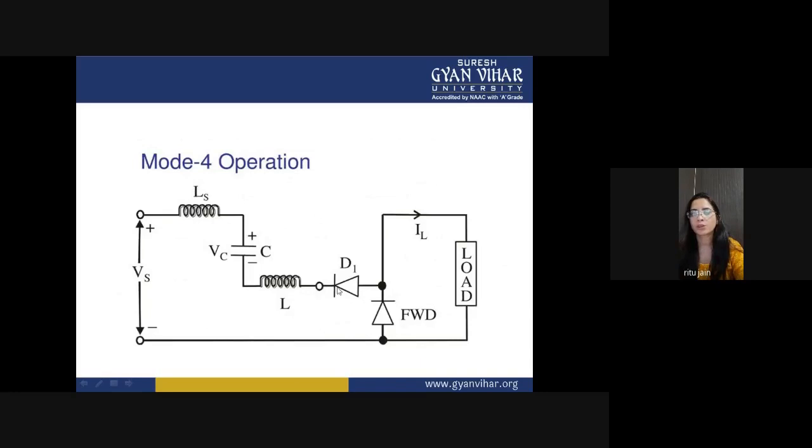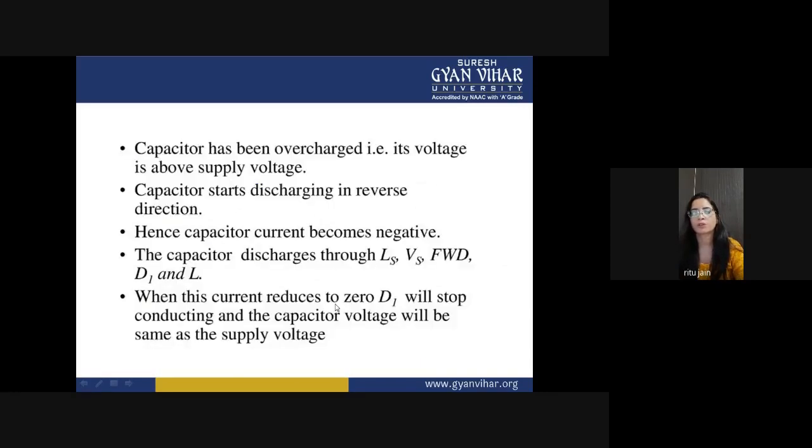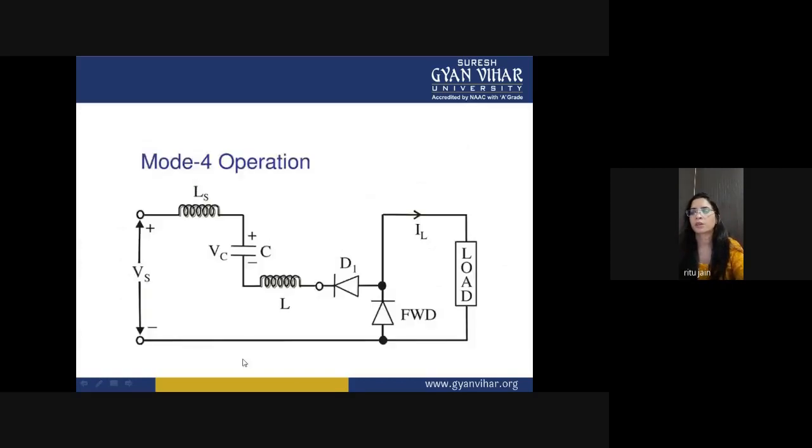When this current reduces to 0, diode D1 will be turned off. When this current reduces to 0, D1 will stop conducting and the capacitor voltage will be the same as the supply voltage. When it discharges totally, there will be no current through this diode.